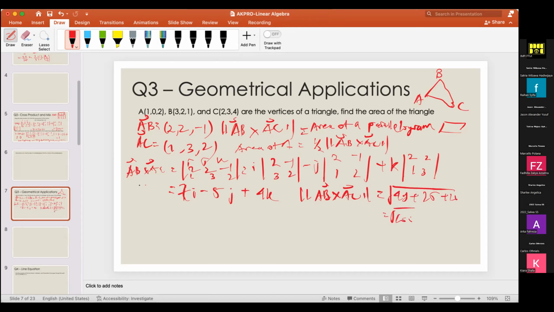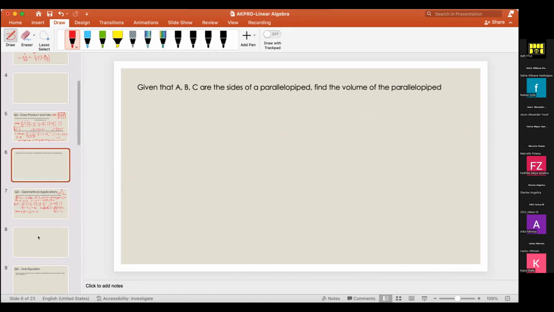Root 100 is 10. And we got a beautiful number, thank God. And so the area of the triangle is half times 10, which is 5. So we're done with this part. Now we move on to the next question.